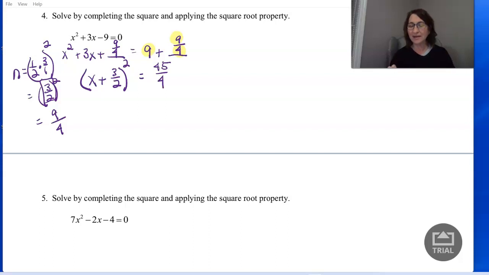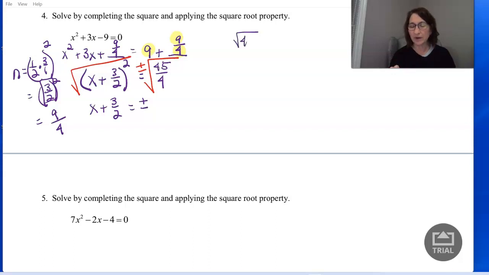I can go ahead, take the square root of both sides, looking for both my positive and my negative roots. So I've got x plus 3/2 equal to plus or minus, well, let's just do a little work on the side.